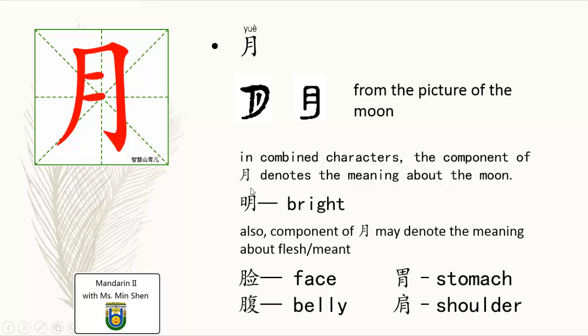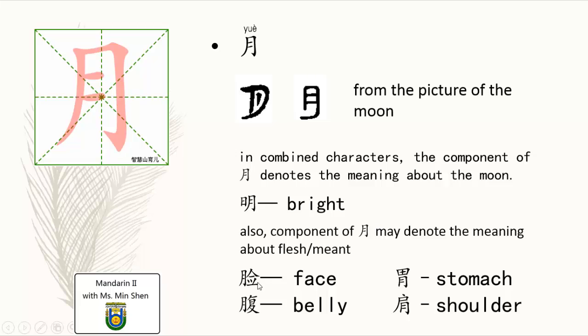Also, 月 in a combined character denotes the meaning of date, because Asian people look at the moon to tell dates. In other cases, 月 in a combined character denotes flesh or meat. We can talk about it in later lessons, but at this moment, just remember 月 in a combined character is also about meat.